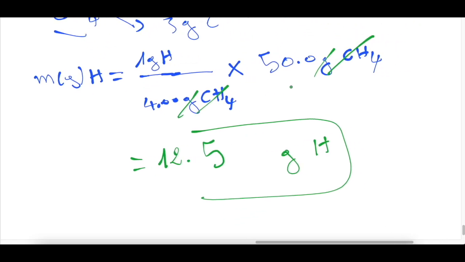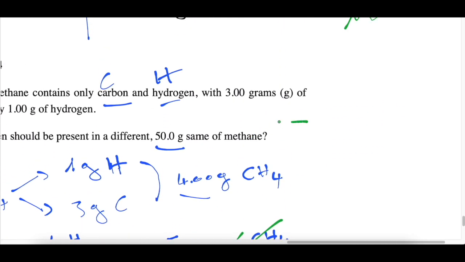So in this sample of the same methane, we have 12.5 grams of hydrogen. And the mass of carbon, we can deduce from the subtraction of 50 minus 12.5, which gives about 37.5 grams of carbon.